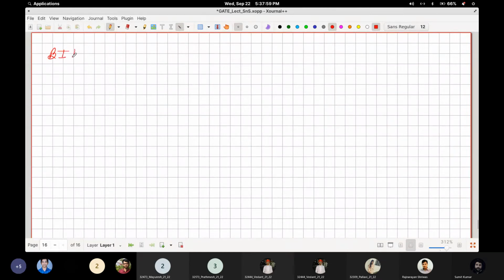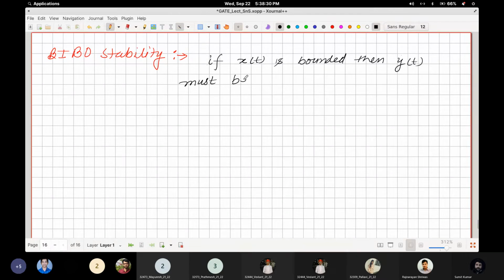So BIBO stability says that if x(t) is bounded, then y(t) must be bounded for a BIBO stable system.